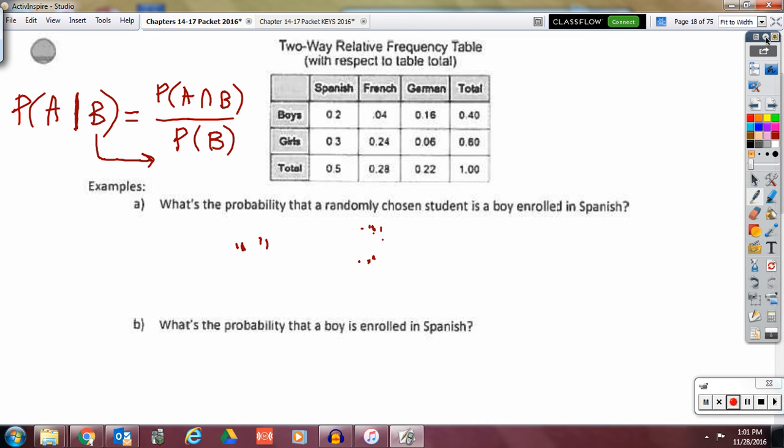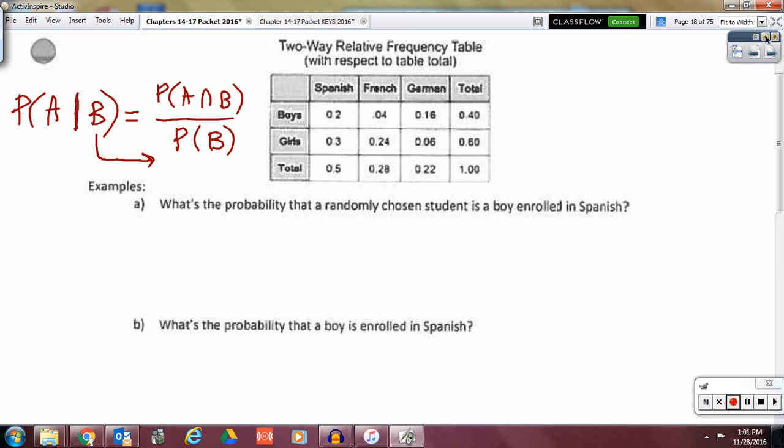Let's take a look at these next 3 problems, paying attention to what our denominator is and what we're given, and what is in our bag. Is this a bag of B's? Is this a bag of everything? What is this a bag of? All right, so here we go.